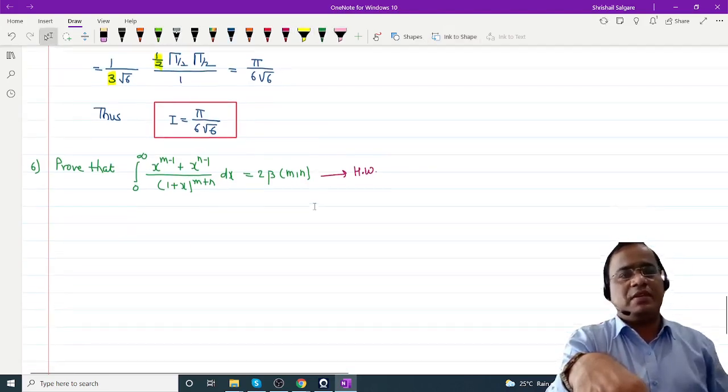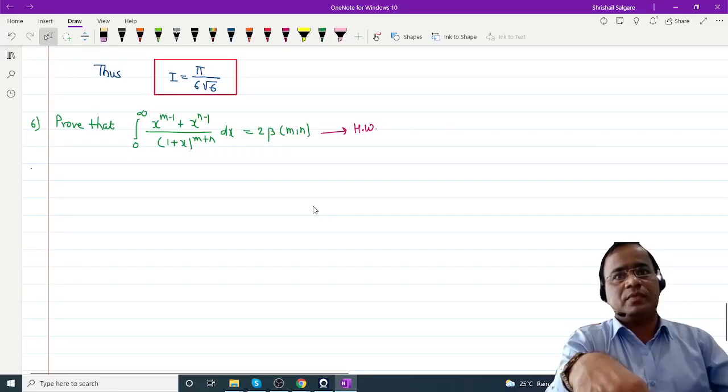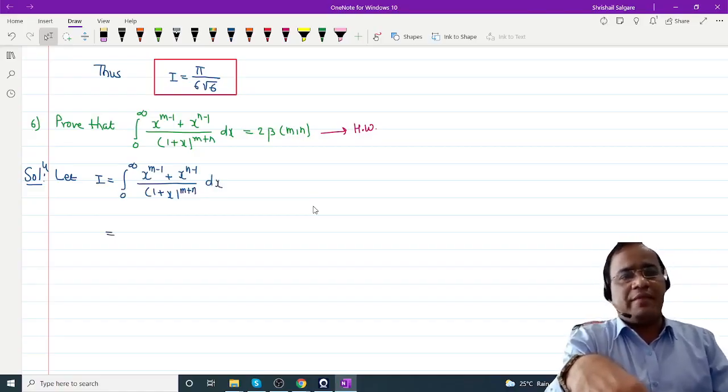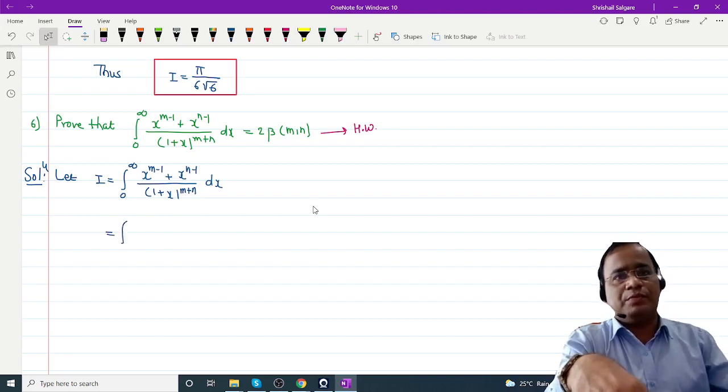Suppose first I will call this integral I. So let I be equal to integral from 0 to infinity of x raised to m minus 1 plus x raised to n minus 1 divided by 1 plus x raised to m plus n dx. So what I will do, by the linearity property, I will write this integral as a sum of 2.